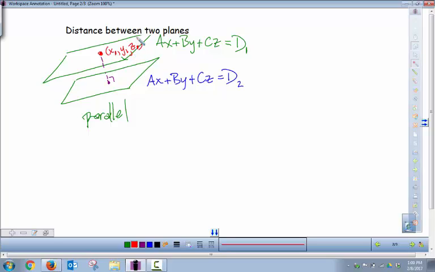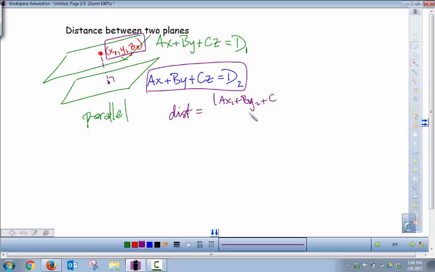And then we'll use a distance formula. So I'm using this plane and this point. According to the formula that I just wrote down on the previous page, this is Ax1 plus By1.